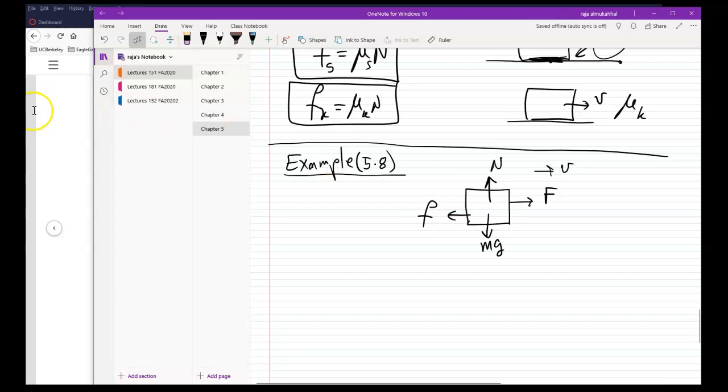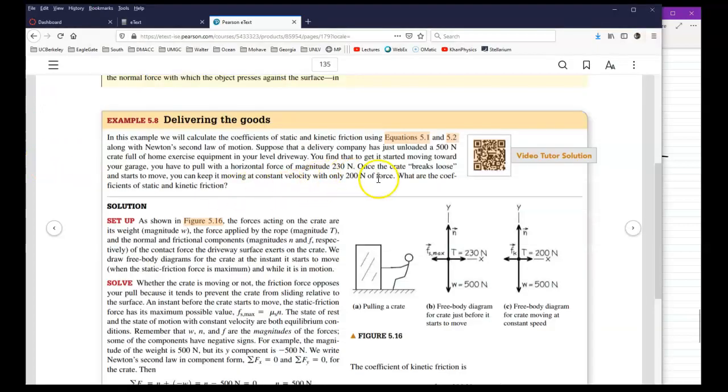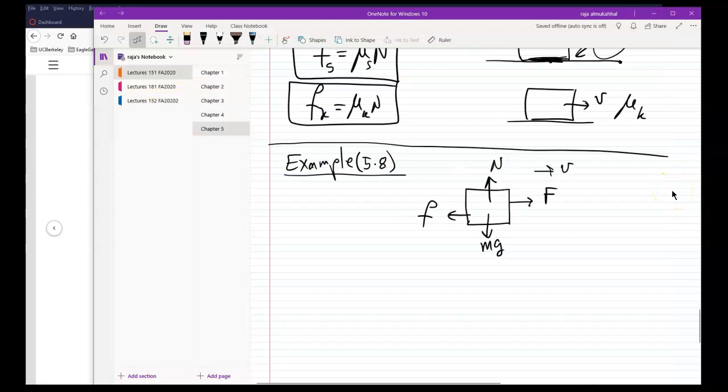Now, one more thing he said. He said you can keep it moving at constant velocity. What does that mean? No acceleration. In other words, sigma F equals 0 for both y and x.